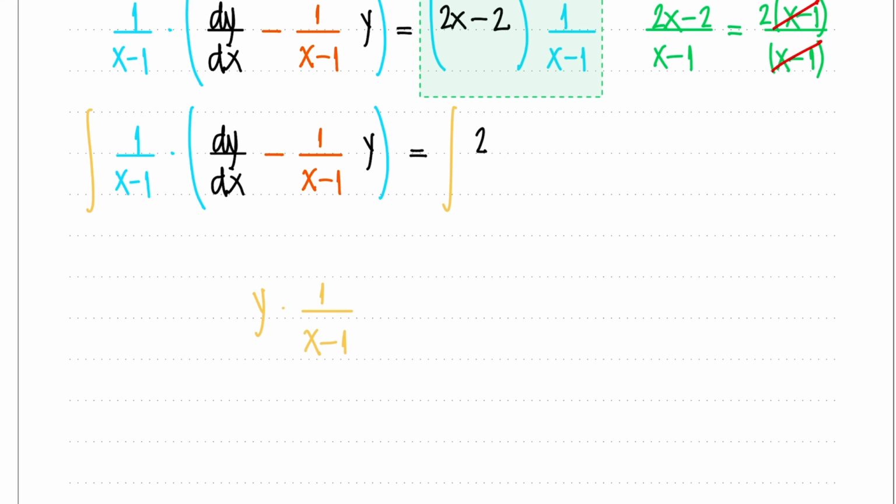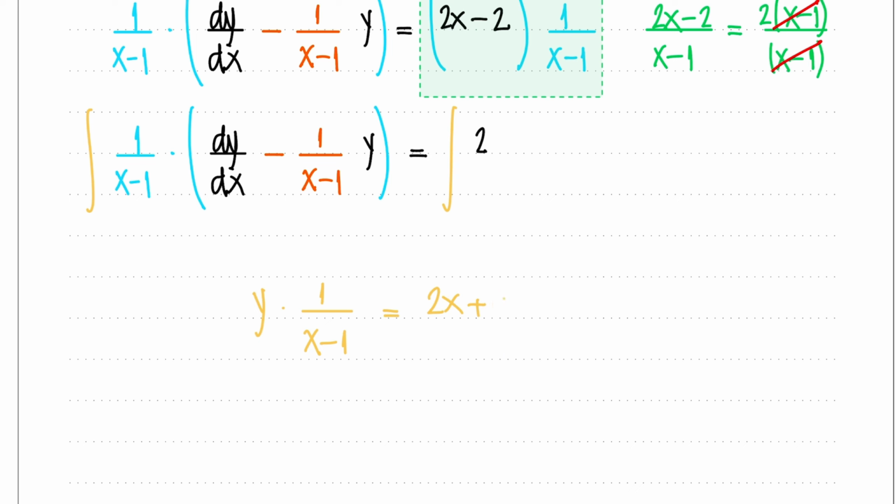So the only difficulty is to actually integrate the right-hand side, which, in this case, is not that difficult because this is just a power rule, right? The integral is just going to be 2x plus c. So this is equal to 2x plus c, as mentioned before. Now, if we cross multiply, we get y equals x minus 1 times 2x plus c.